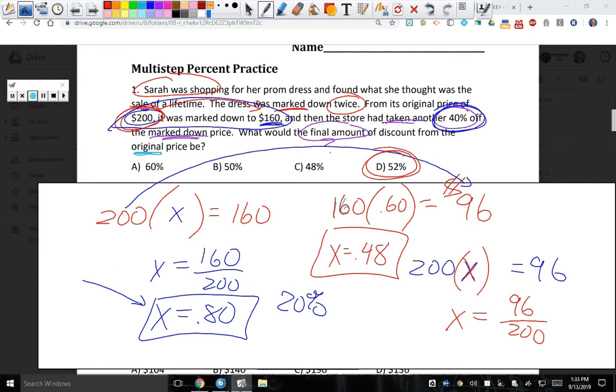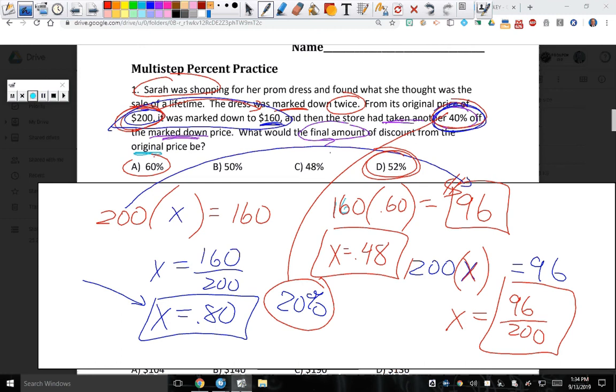So listen, I'm showing you pieces at a time because sometimes people will see this 20%, they'll see this 40%, and they'll go for 60%. But it's not a 60% markdown because it actually went all the way to 96, which out of the original one would show that it was a discount of 52%.